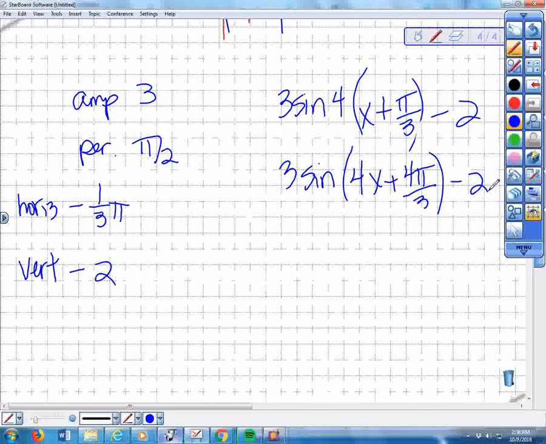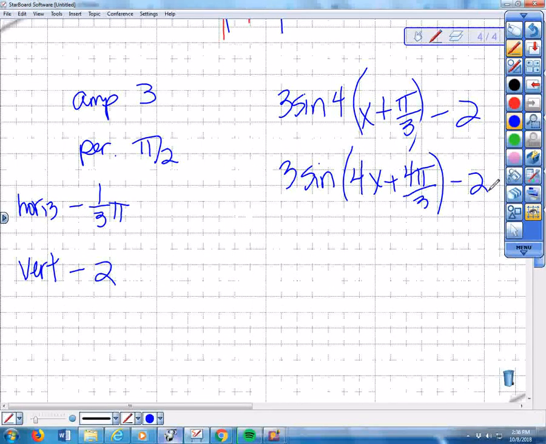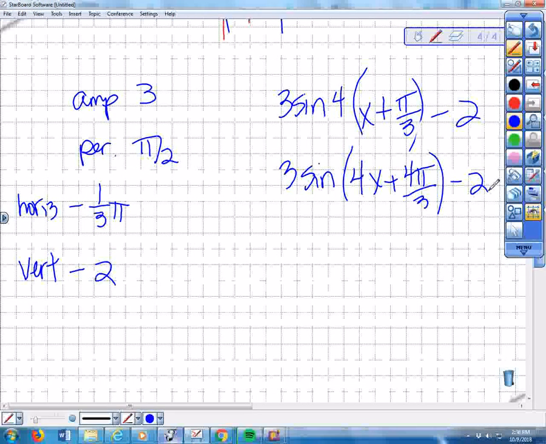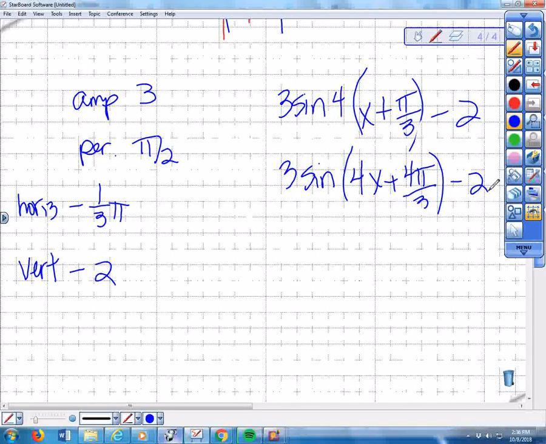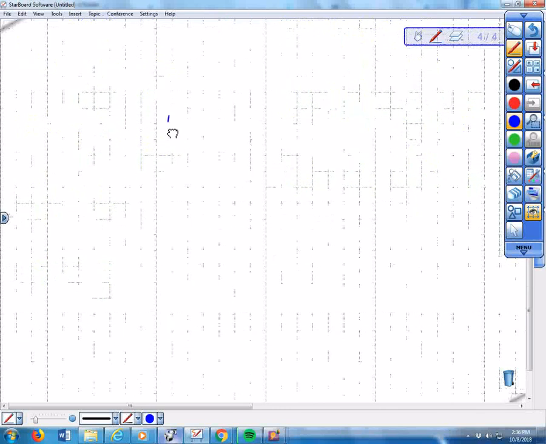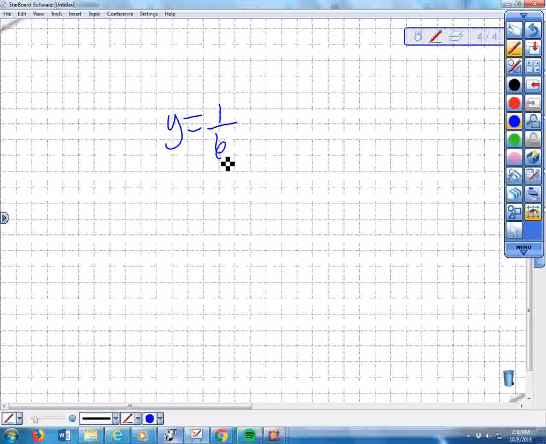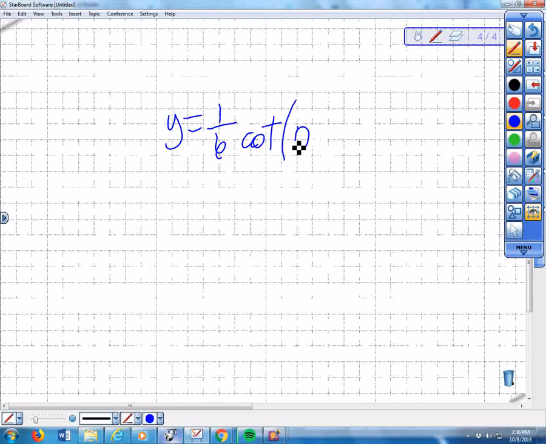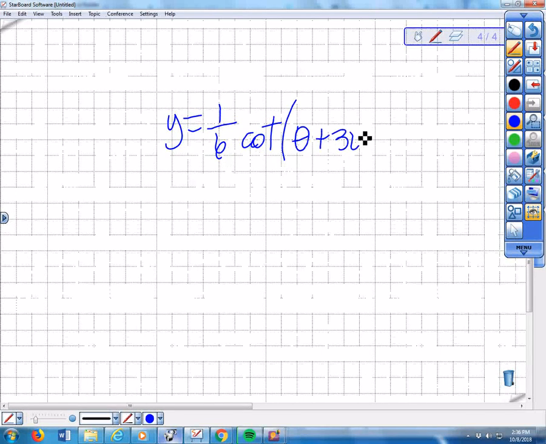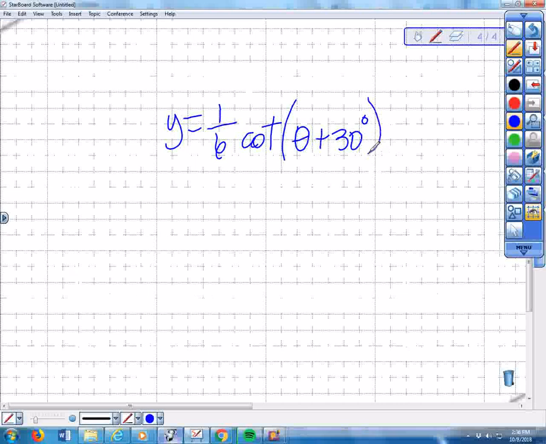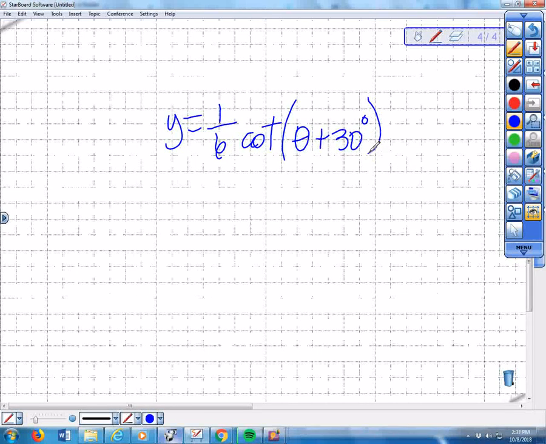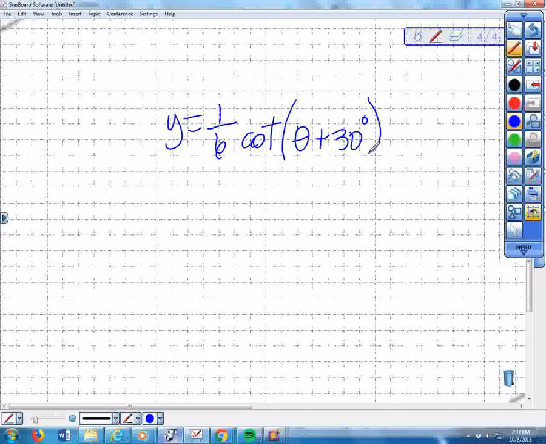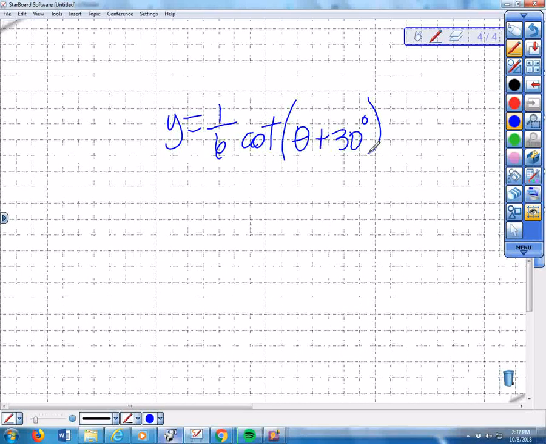Okay. This one is determine the amplitude, period, and phase shift for y equals 1/6 cotangent, and then use them to plot the graph of the function. So the amplitude is what? 1/6.